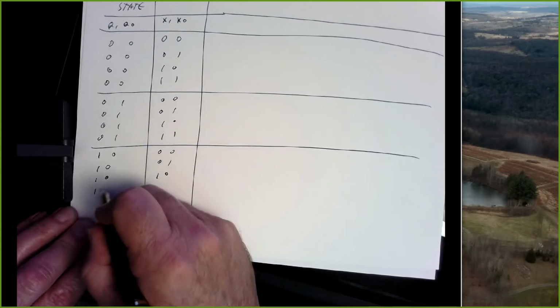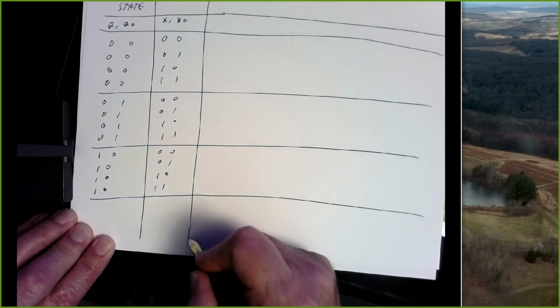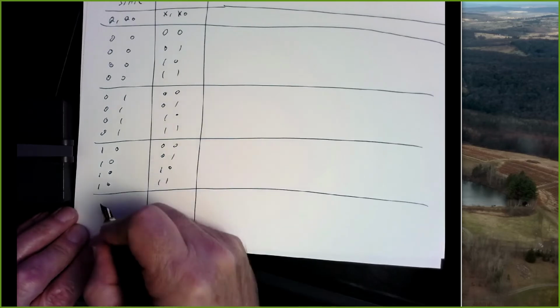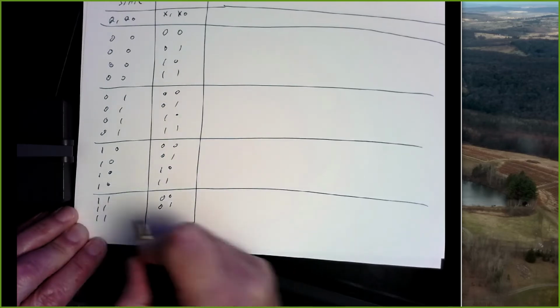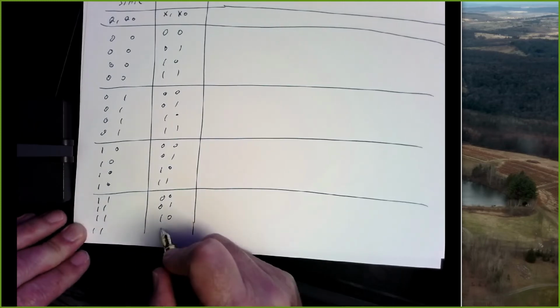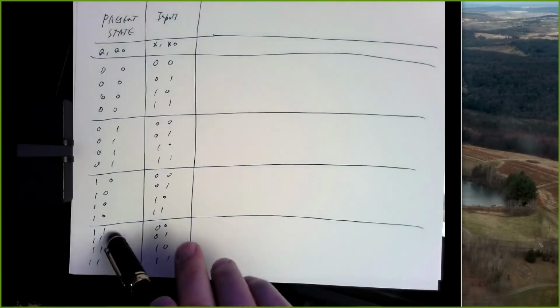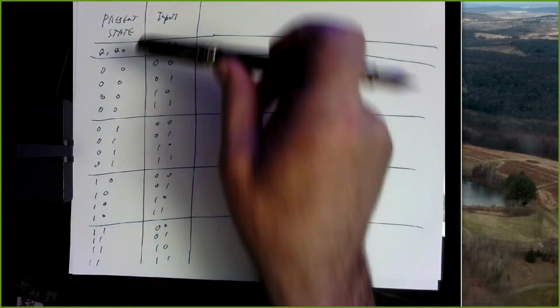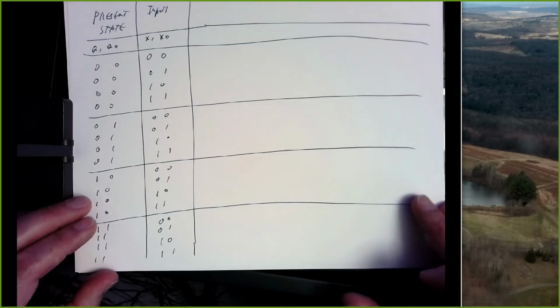A big sheet of paper is better, but I think we can make this fit. We've got our present state with 4 possible combinations, and 2 inputs with 4 combinations of those. We're going to have 16 rows in our state table.